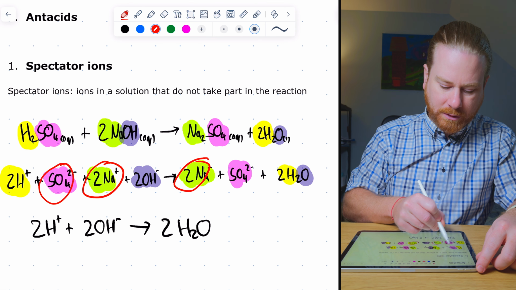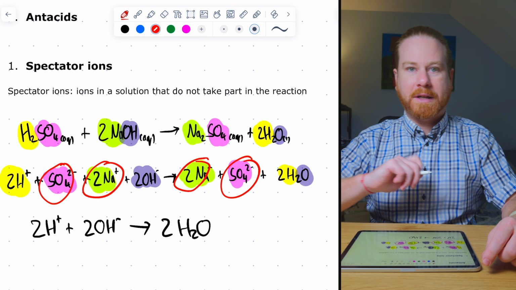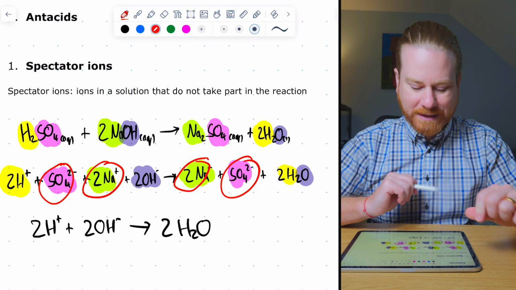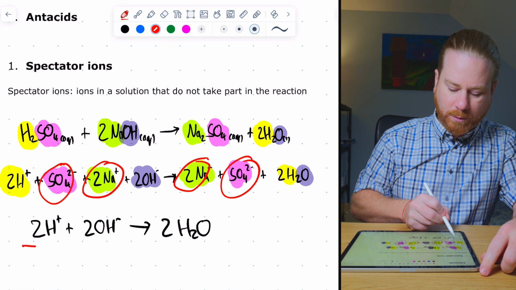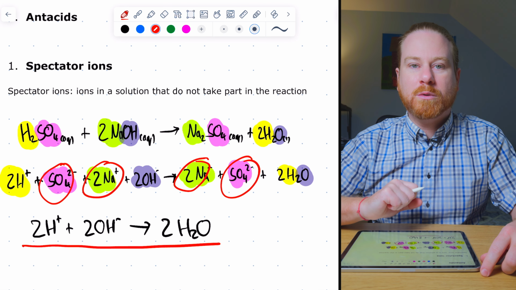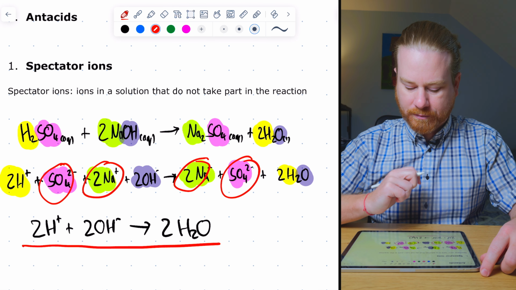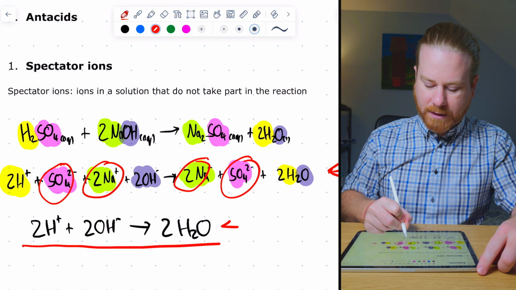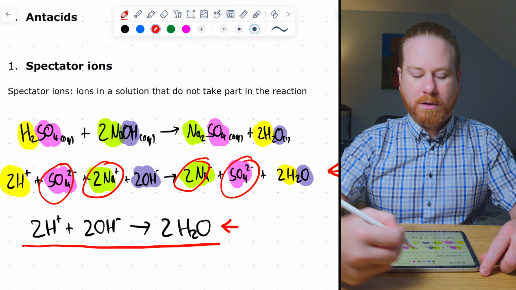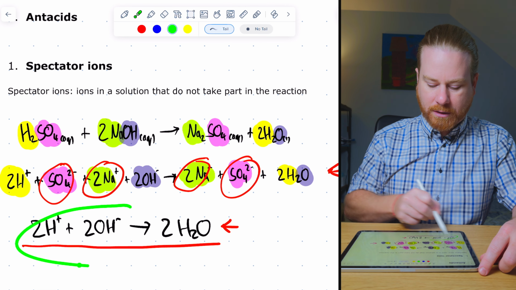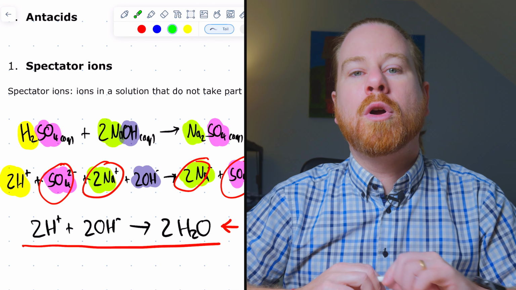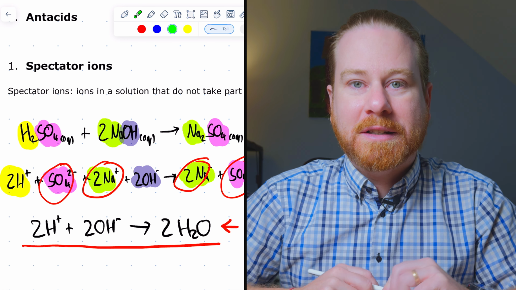We also have sulfate over here and sulfate over here. Because they haven't done anything, these are called spectator ions. And then what we're left with over here is called our net ionic equation. So this is the ionic equation, and then we have our net ionic equation, which is just showing the ions that have reacted.